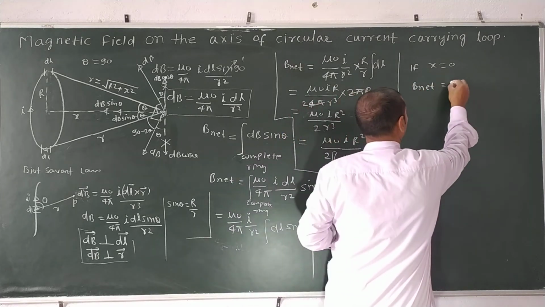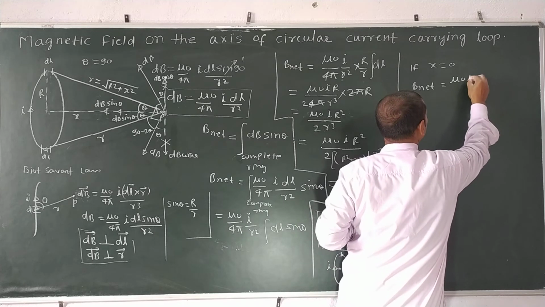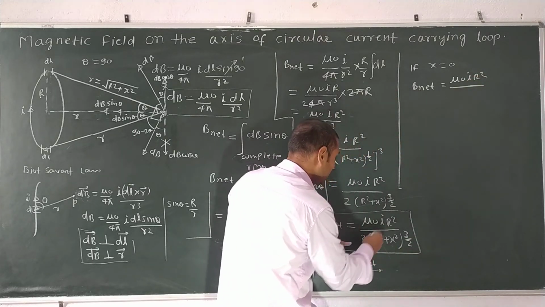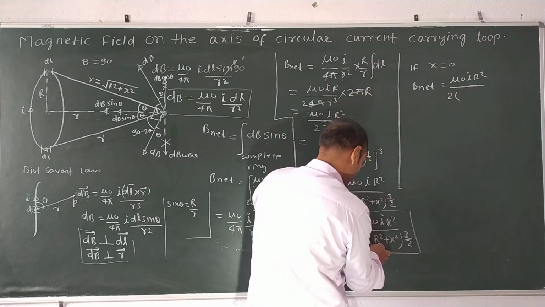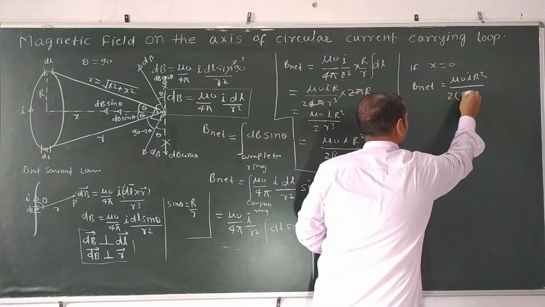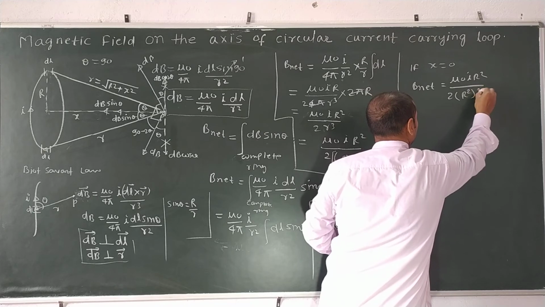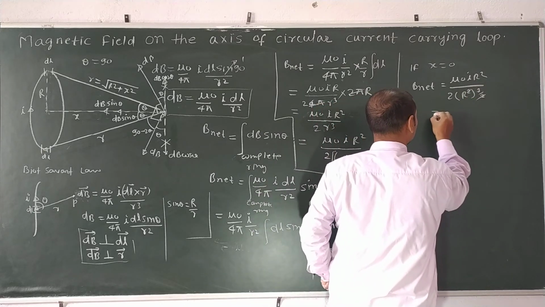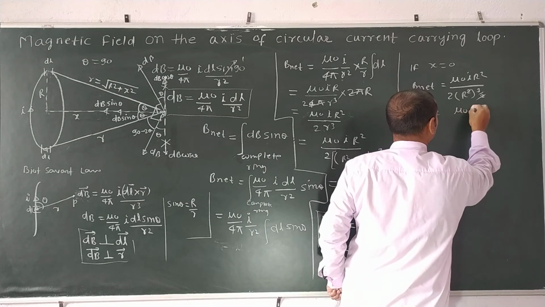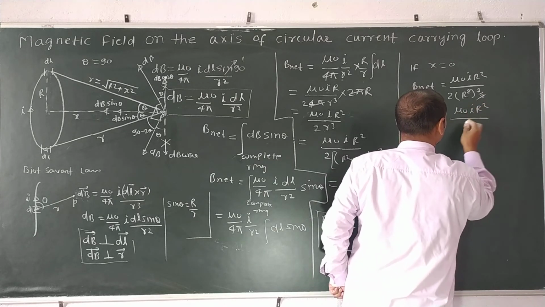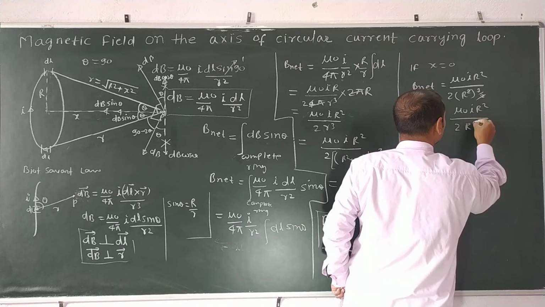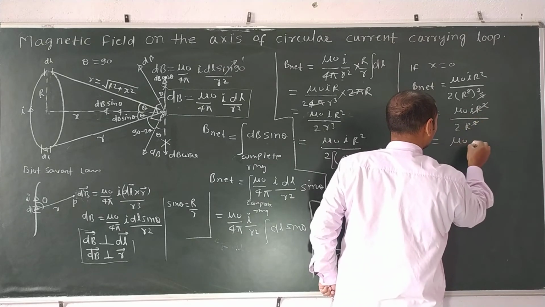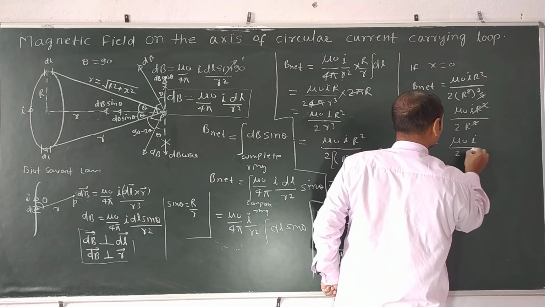We put μ0 I R² divided by 2 R² to the power 3 by 2. This 2 will be cancelled out, giving μ0 I R² over 2R³. R² also cancels out and gives the value μ0 I by 2R.